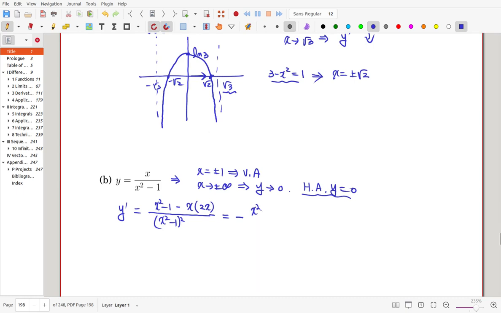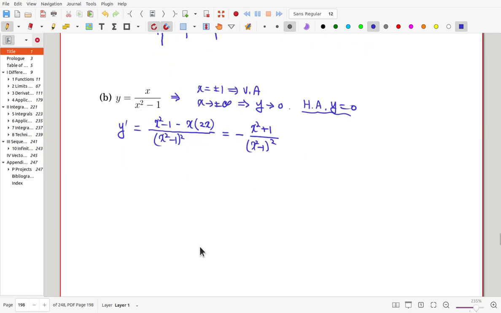So the x squared minus 1 becomes minus 1 over x squared minus 1 squared. So on the domain, y prime is always negative. And we can make a picture quite easily here now.